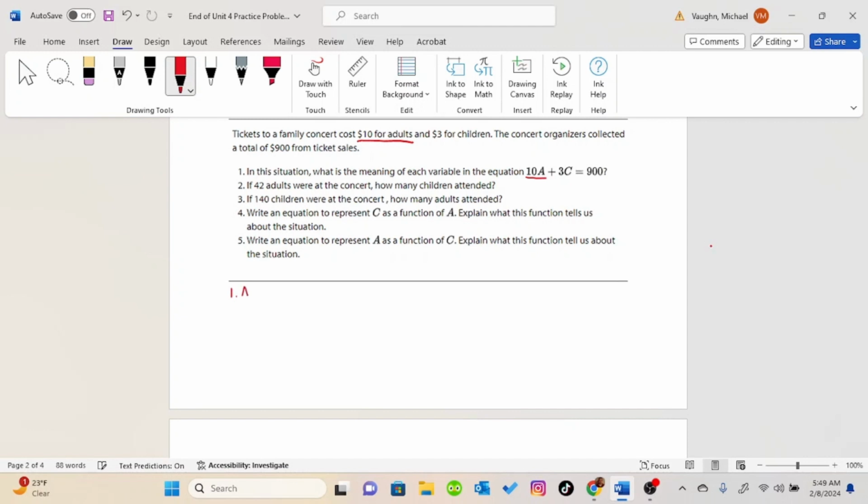So for number one, a equals number of adults. Then we have 3c, and we can see that $3 refers to children. So c equals the number of children.